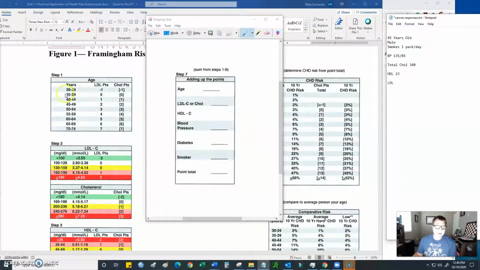Alright, so he's 45 years old. That puts him right here. So you want to have two columns here, LDL and then cholesterol.